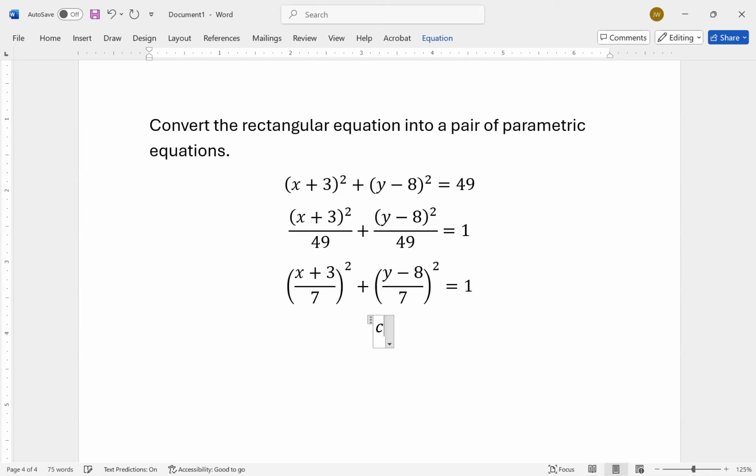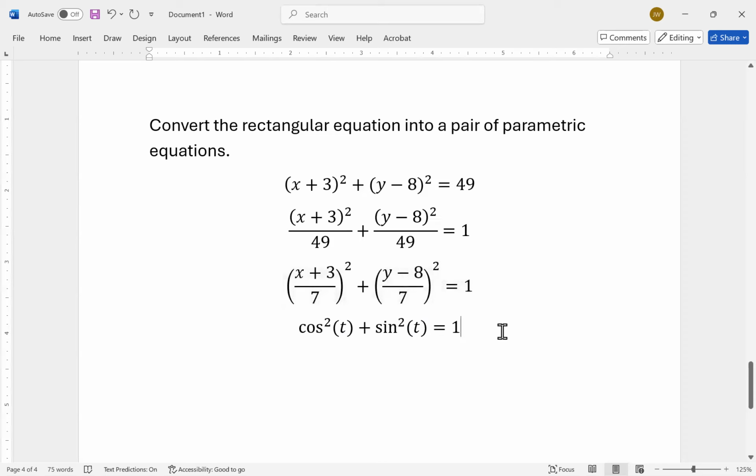Now I just recall that cosine squared of t plus sine squared of t is equal to 1. That's my Pythagorean identity. Traditionally, we associate the cosine with the piece that has x in it. And traditionally, we associate the sine with the piece that has y in it.